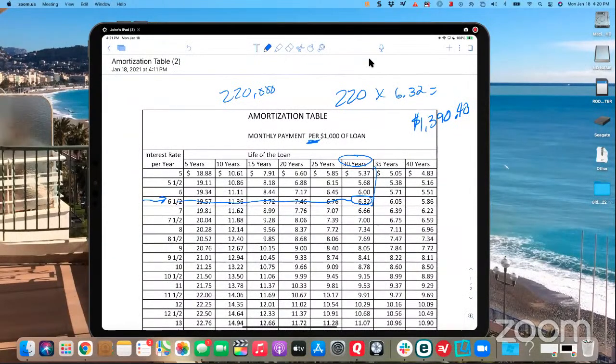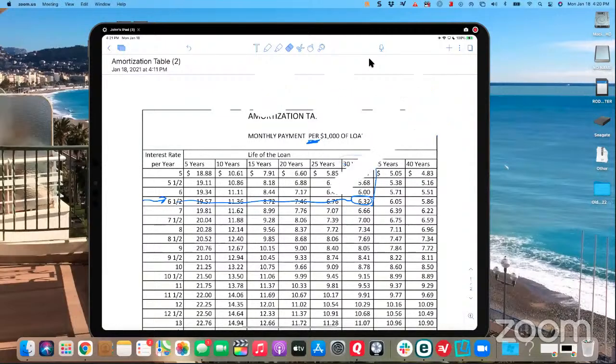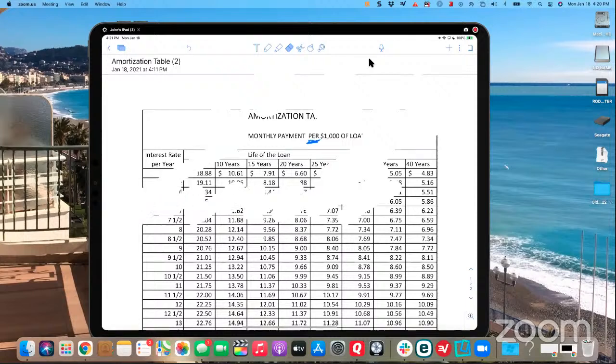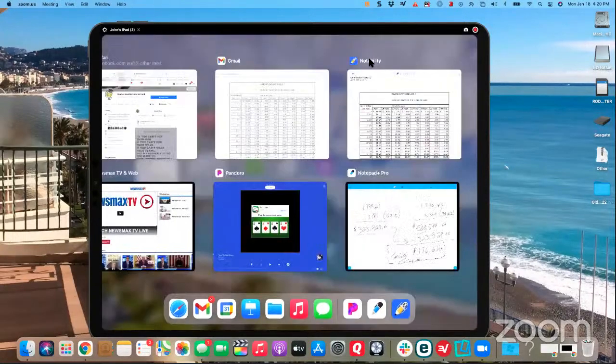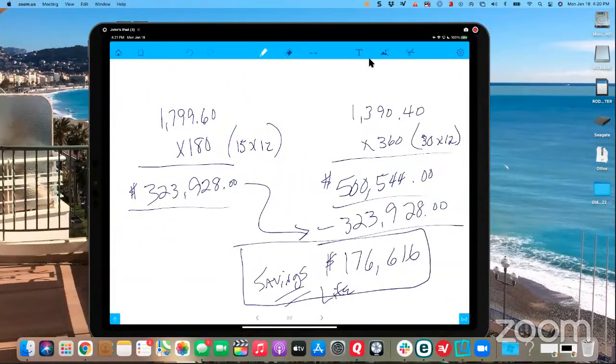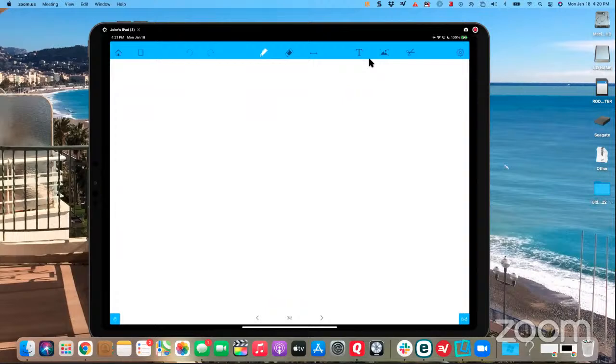Now, I did hear that, and we're going to work another one of these because I heard from another student who told me that they saw questions similar to this. Let's just say it's a $170,000 loan for 20 years.